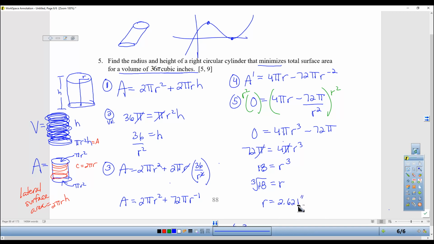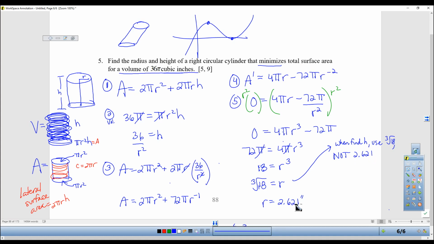But when you go to find h, you must use the cube root of 18, not 2.621. Your answers all have to be accurate to the nearest thousandth on the AP exam, including, if they asked for it, the surface area.